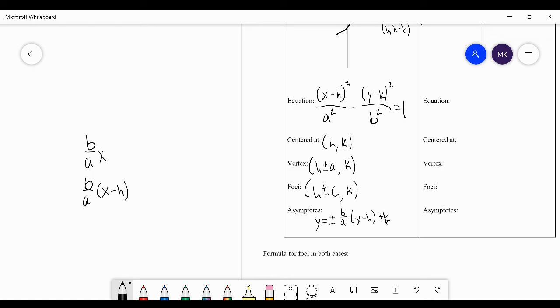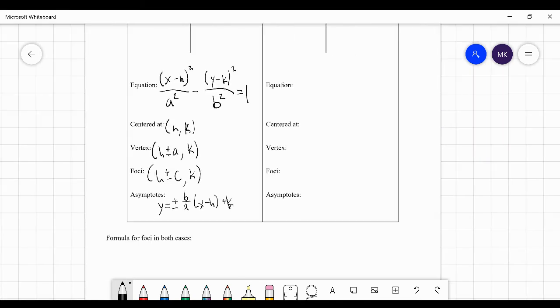And then if I shift it k units up, well, that's just plus k. And so while it may seem like it's a lot more complicated, it's really just two basic transformations, shifting left and right or shifting up and down. So really nothing that we need to get too fussy or concerned with. Really simple.